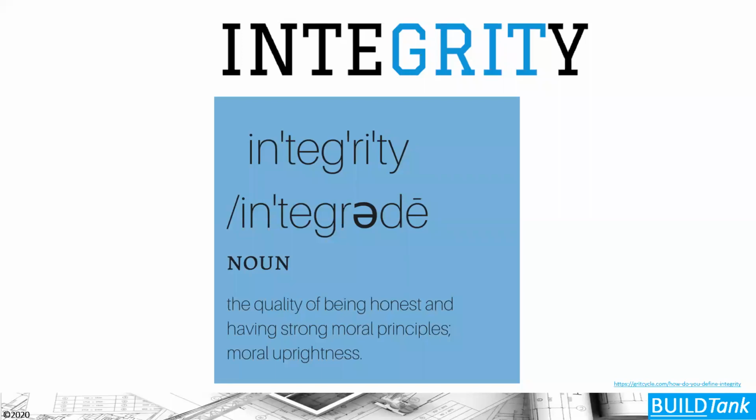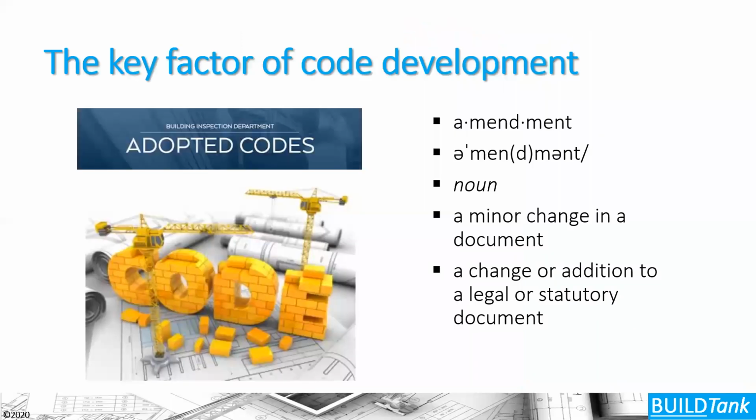The other thing with regards to code is that when we adopt codes, we have the ability to amend them. We can change the code. So the integrity question is: how do we adopt a code that helps us meet the expectations people have of their houses without, in essence, bastardizing the code?